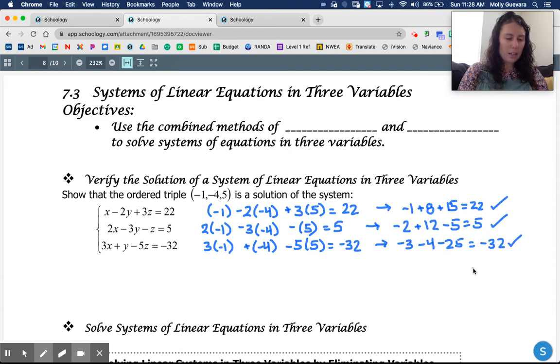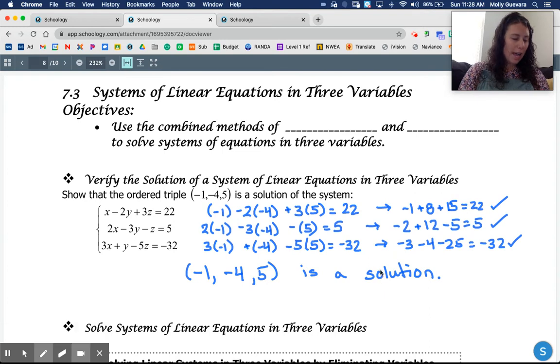So because this point works in all of these, that tells me that -1, -4, 5 is a solution. So these 3 lines in the 3D plane cross at the point -1, -4, and 5.